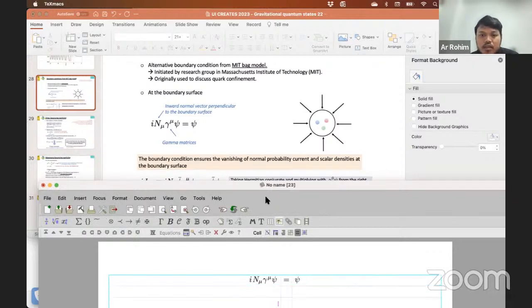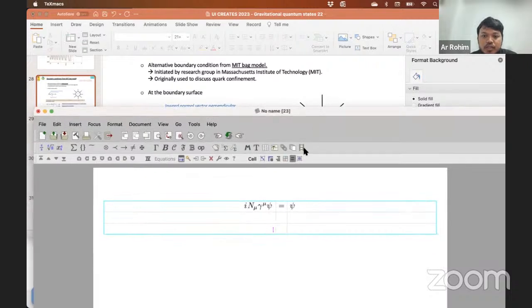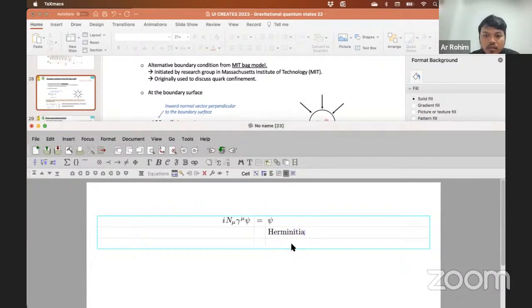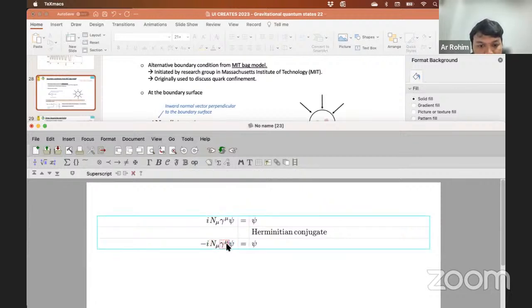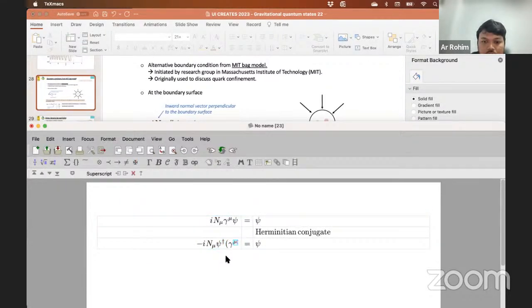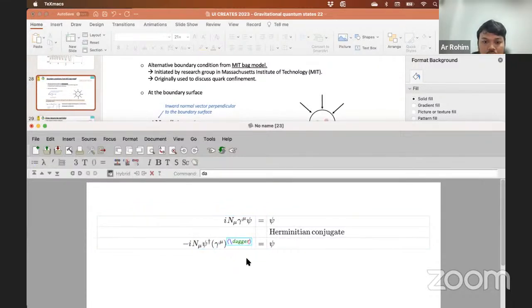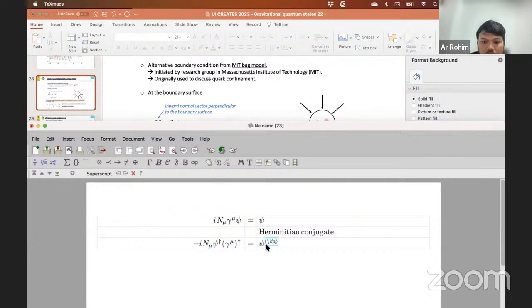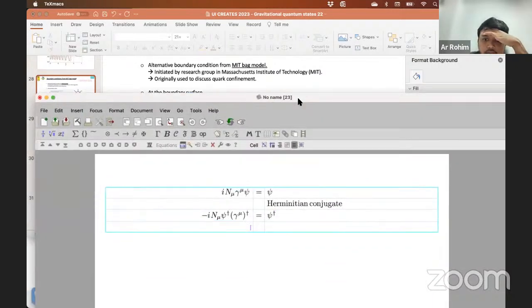So first we take the Hermitian conjugate. If we do something like this, then this shall be this one. And this one, right?